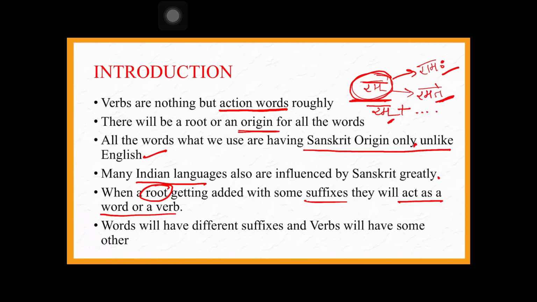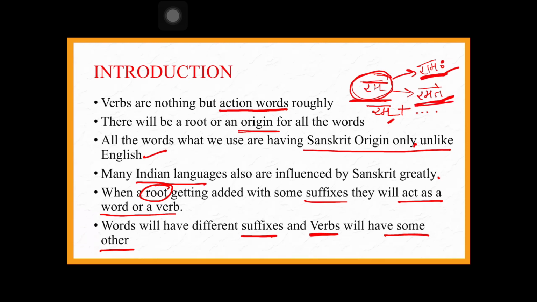Words will have different suffixes and verbs will have some other. Words and verbs are not having the same suffixes. See, ram is there. If I add a particular suffix to this root, then ramaha will happen, but the same suffix cannot be used to create ramate.